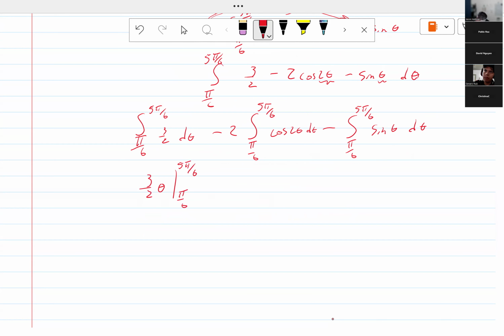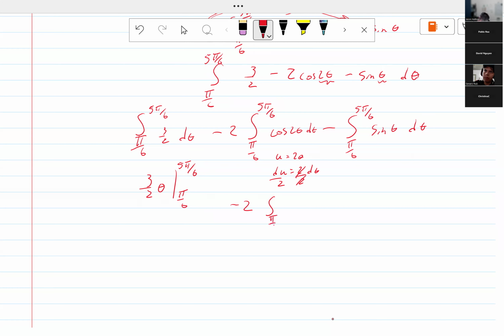This one in the middle, we're actually going to have to do a u sub on. So u is equal to 2 theta, du is equal to 2 d theta, divided by 2, and we get du over 2 is equal to d theta. If I change the limits of integration here, this is going to become minus 2, and I have to multiply the limits of integration by 2.